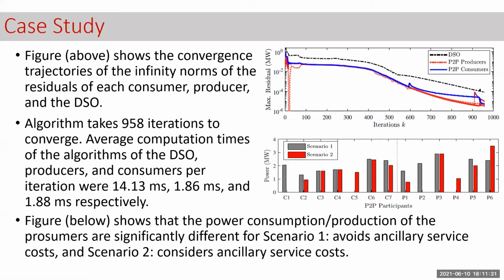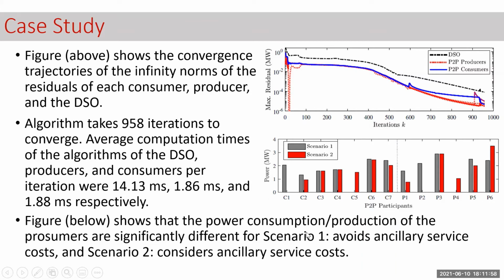They all will run their own algorithm, and everything should terminate at the end. For this example, it took 958 iterations, and the time taken per iteration has also been shown here. The OPF execution is a bit expensive compared to the other local optimizations.